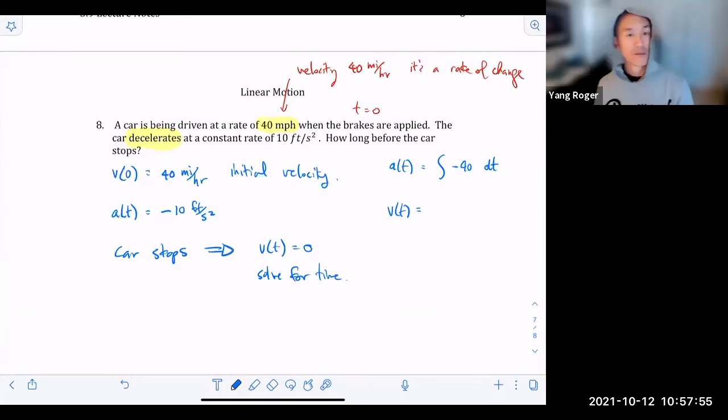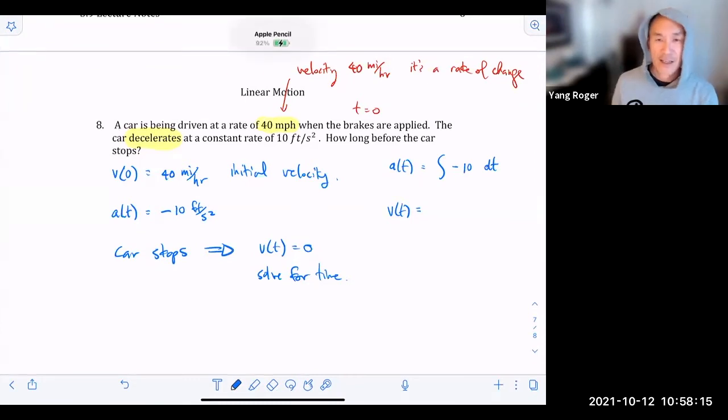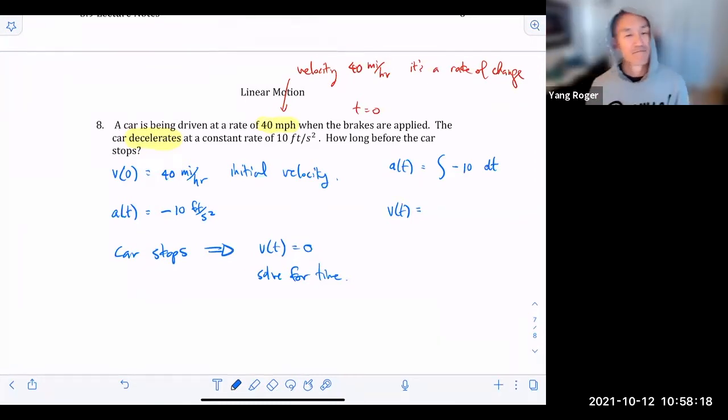So I'm going to give you a couple moments. Take a couple minutes to do that. We'll finish this problem and then we'll take a break before we do the next section.